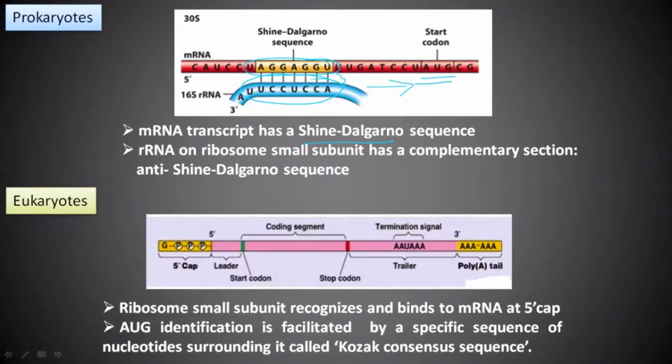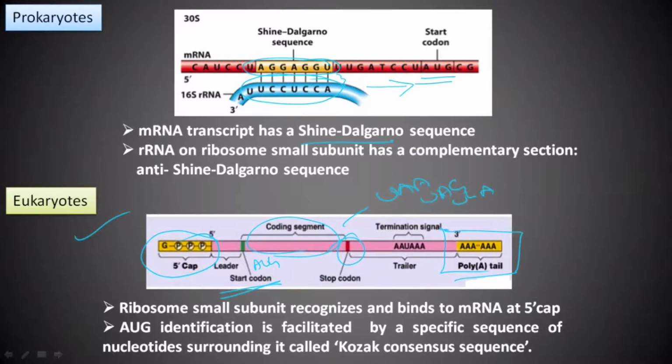Whereas in eukaryotes, the ribosome small subunit recognizes and binds to the messenger 5' cap, and then recognizes AUG, the start codon, and translation starts. Here you can see the codon segment. It ends at the stop codon, which can be UAA, UAG or UGA, and then termination takes place. In eukaryotes there will be a poly A tail at the 3' end.